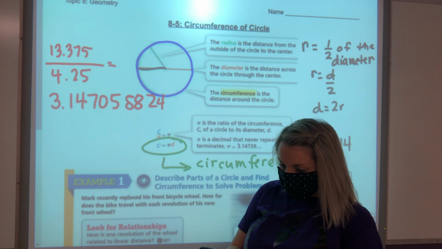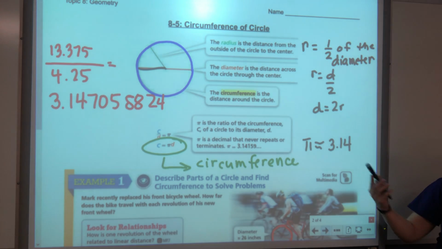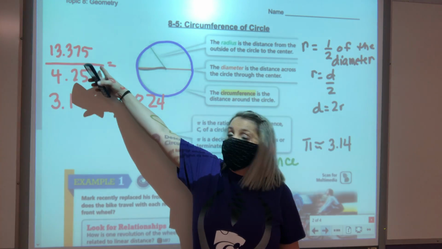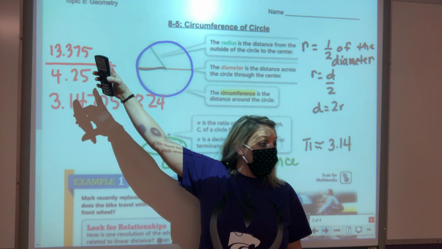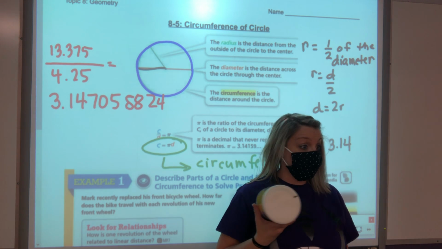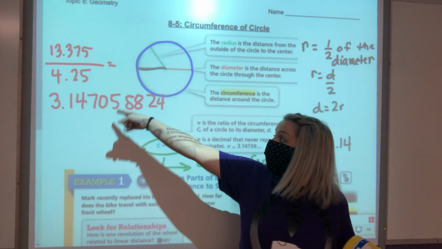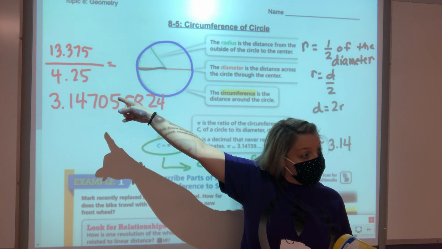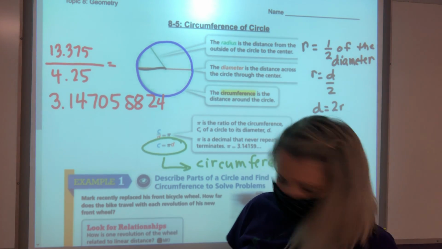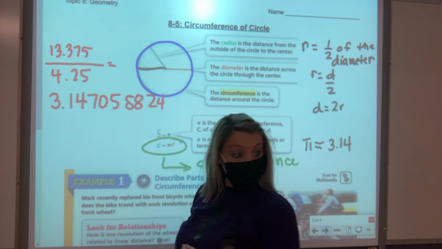So if I take 4 and 25 hundredths and multiply it by 3.14, I get 13 and 345 thousandths. Is that pretty close to this number? Yeah. Absolutely it is. Now, why is it not exact? Well, there's measurement error. Do you agree? These sides here are curved, so it's not a perfect circle. So I made my best estimate with 4 and 25 hundredths. How far was I off? About 35 thousandths? Is that right? That's pretty good. It's a pretty good measurement.